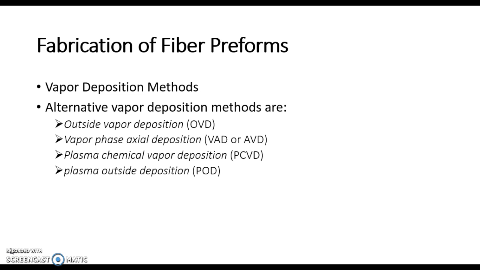The general advantage of vapor deposition methods is that extremely low propagation losses, down to below 0.2 dB per kilometer, can be achieved, because very high purity materials can be used as contamination is avoided.